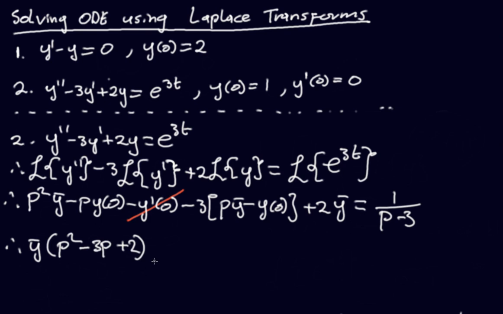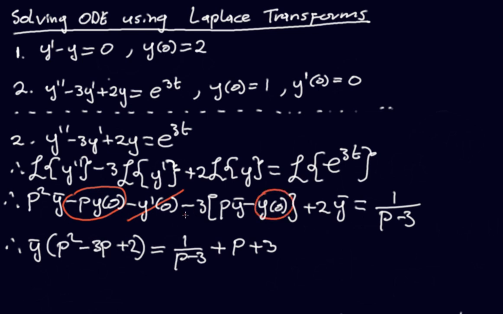All the terms without a y bar, we can put them on the other side of the equality sign. Means we have a plus y naught. Y naught is a unit, therefore means we just have a plus p here. Minus 3, therefore means it's a plus 3 here. Okay, so this is coming from minus y naught. Y naught is a unit.